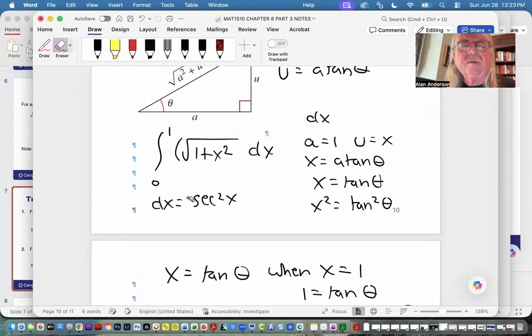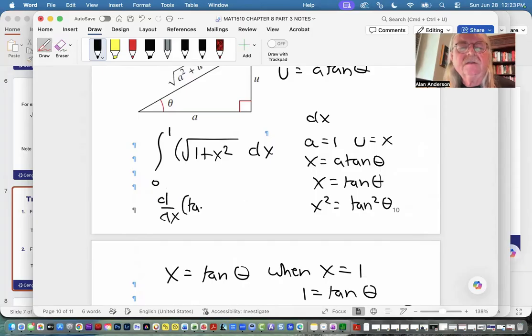Wait, let me write that one more time. The derivative of tangent x. So therefore, in this case, dx is secant squared theta d theta.